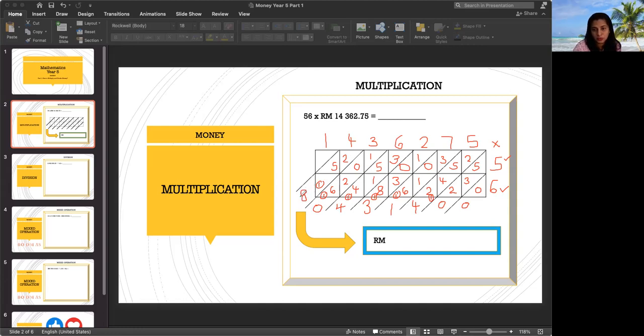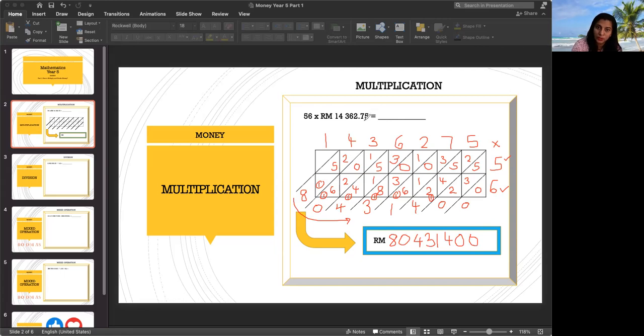What you need to do now is write it out from left to the bottom right. So here we have 8, 0, 4, 3, 1, 4, 0, 0. This is our complete set of digits.